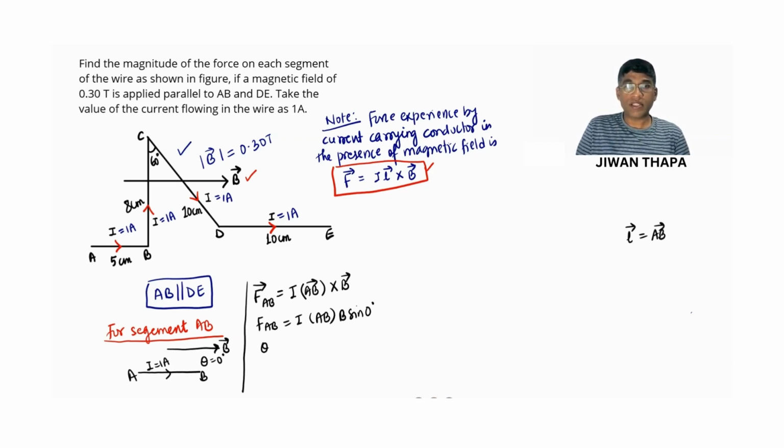So we have this. Therefore, we can write F_AB equals 0. So segment AB experiences no force. So I can write in this way, segment AB experiences no force.